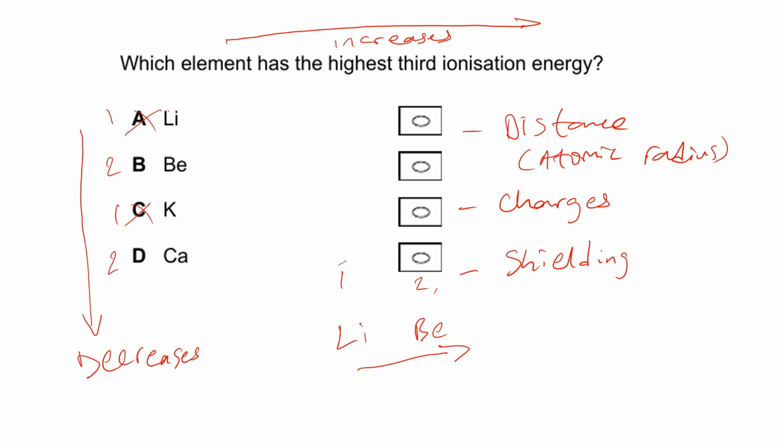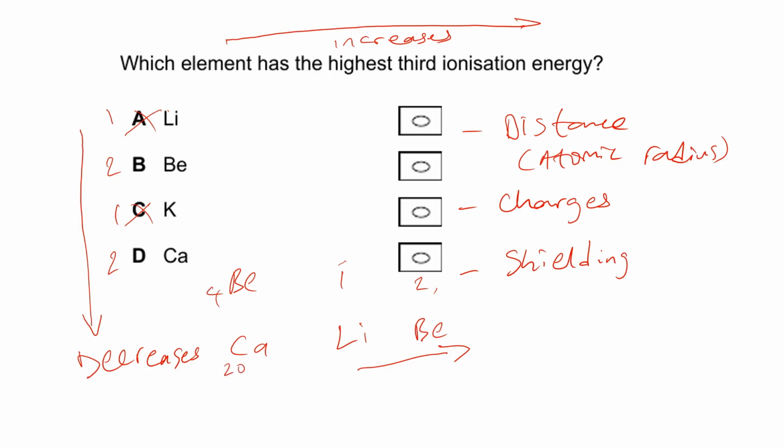Now between beryllium and calcium, we know that down the group, the ionization energy decreases, right? So which of them is higher in the periodic table? Beryllium is higher than calcium in the periodic table, because beryllium is 4, calcium is 20.